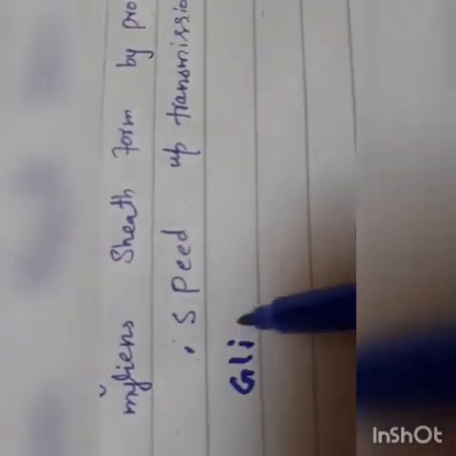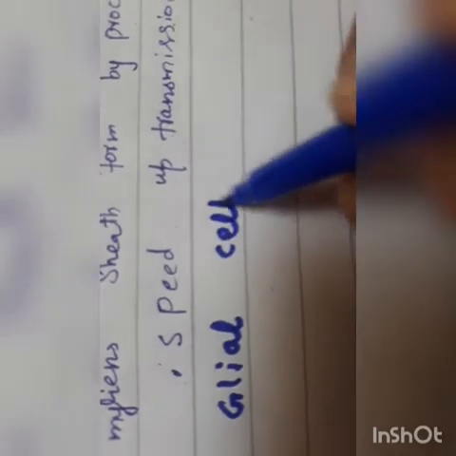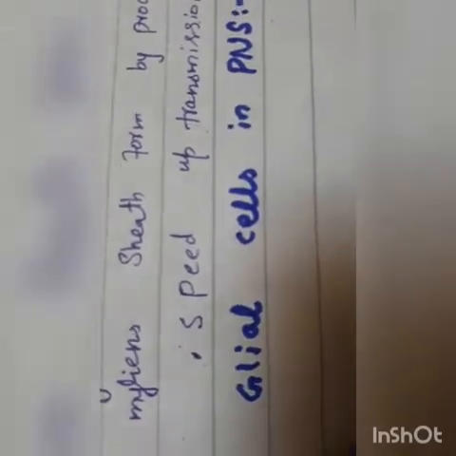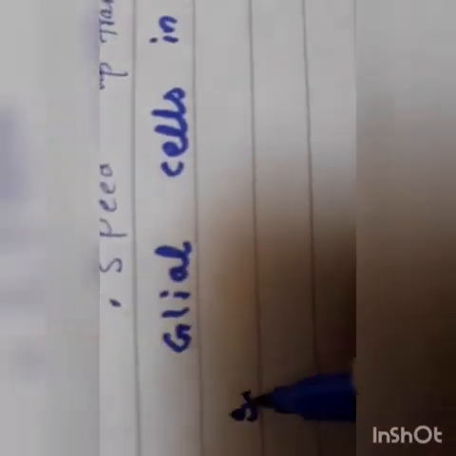Now we are discussing the glial cells in the peripheral nervous system. They are satellite cells.